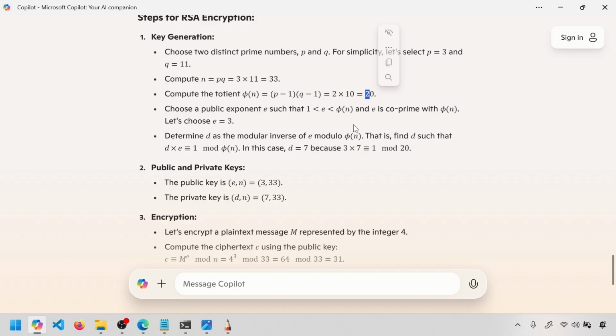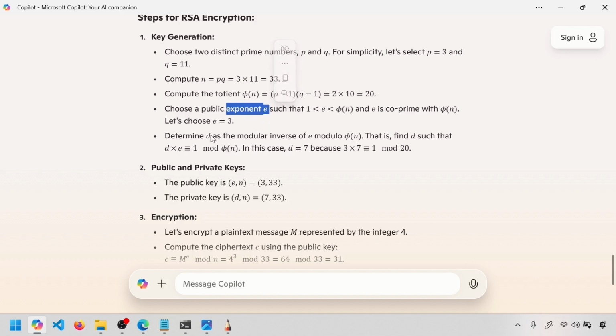Another example is 9. 9 is a co-prime to 20 because there are no common factors. 3 into 3 is 9. 2 into 2 into 5, that is 20. So that is the explanation of the public exponent, or how the public exponent is calculated.